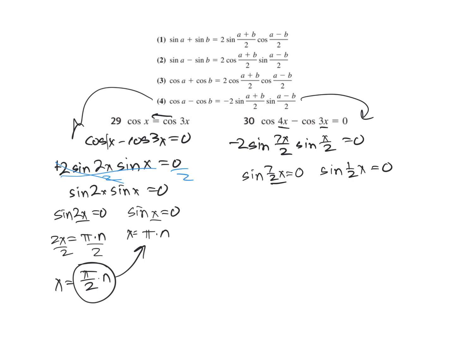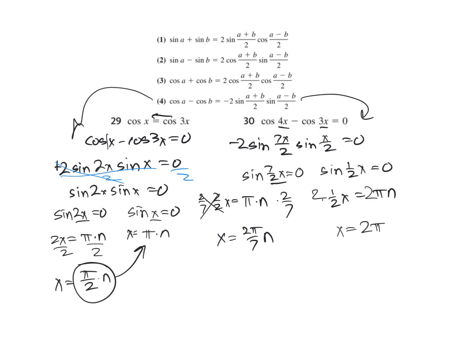Again, at pi n. So 7/2 x equals pi n. We multiply by 2/7, and we get x equals 2 pi over 7 n. The same thing here with 1/2 x. Where does sine equal 0? Again, at pi n, multiplied by 2, so x equals 2 pi n. Those should be your two answers.